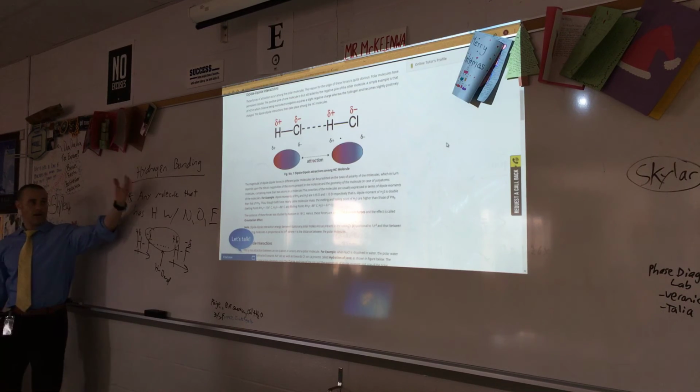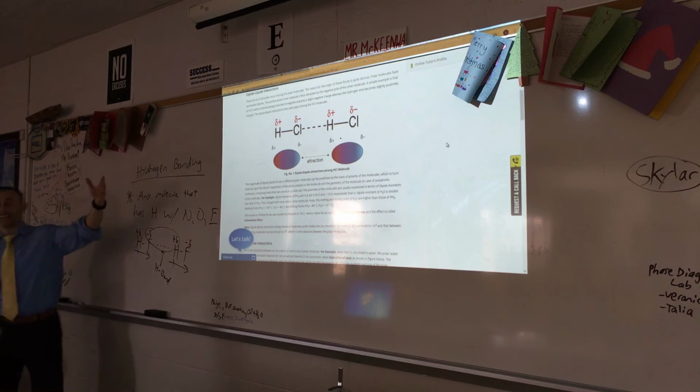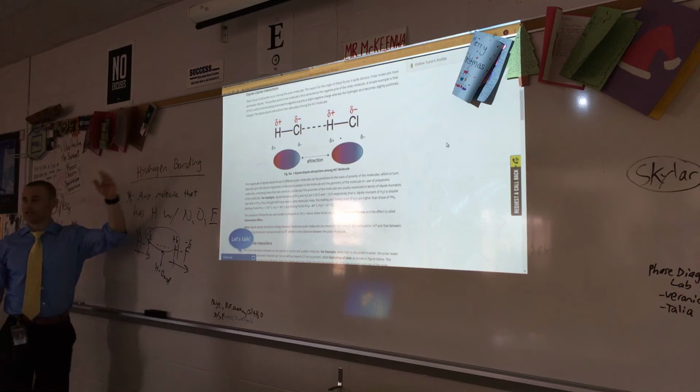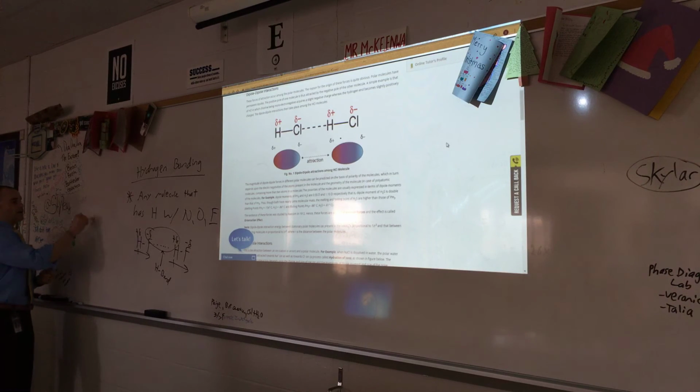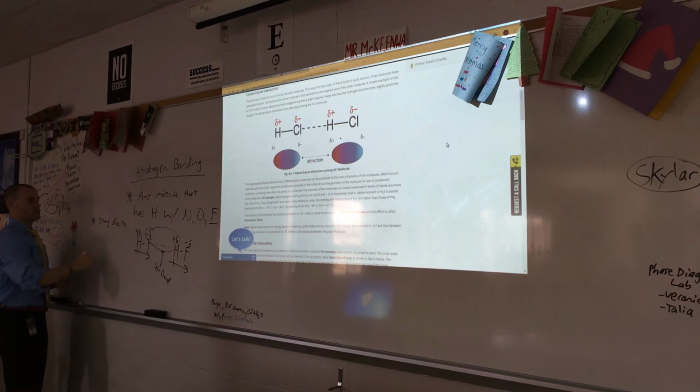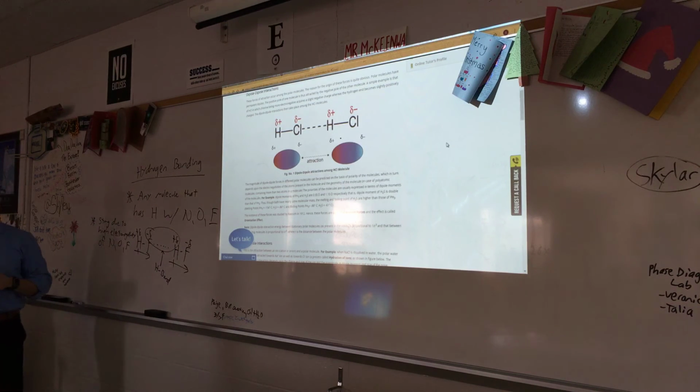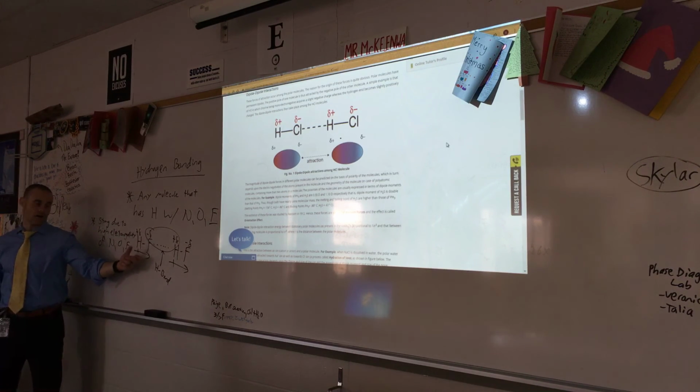So what makes hydrogen bonding special? It's basically the exact same thing as a dipole, but it's stronger, and the reason for that, I'll write it right here. This is strong due to high electronegativity of the N, O, and F. Because nitrogen, oxygen, and fluorine have really high electronegativities, it makes these dipoles way stronger.